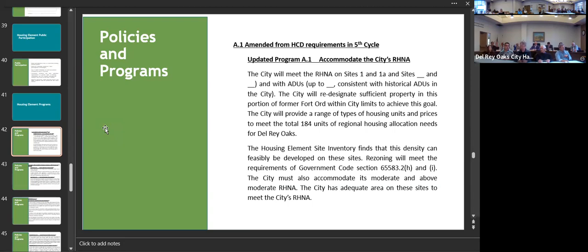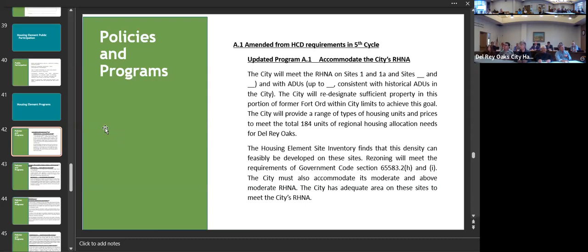So this program is basically saying, as it did in cycle 5, amend the zoning ordinance or identify sites, using sites 1 and 1A and whatever sites you choose, for meeting the RENA. This is a program that we will be amending and updating. Since HCD had quite a bit of specific language they wanted us to put in for the fifth cycle, we'll probably use that same language.